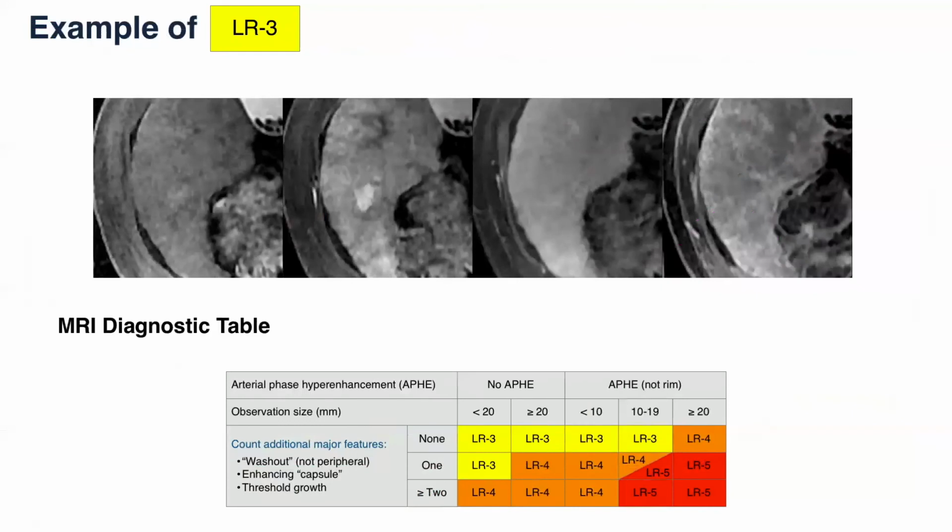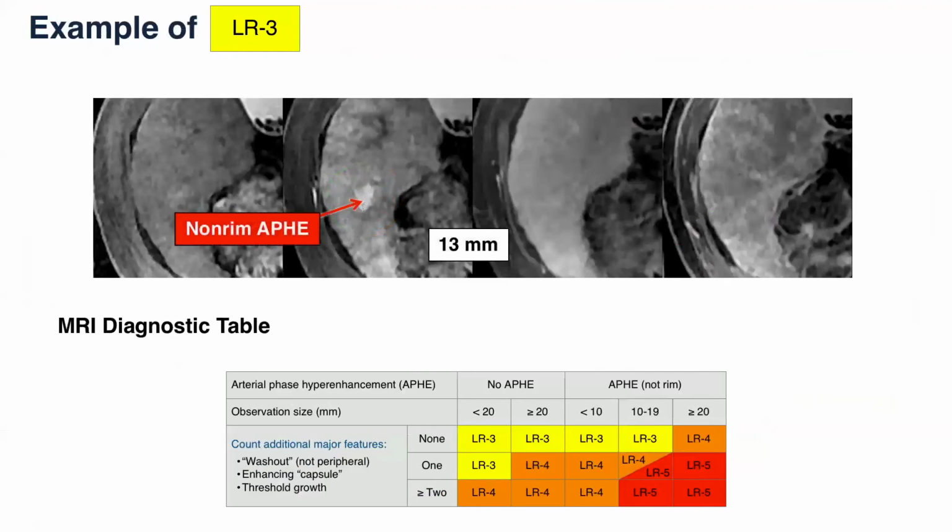How about this observation over here? Well, here we see it. Now, this observation, we do not see on the portal venous phase. We do not see it on the delayed phase. It fades, so we have no choice. We must measure it on the arterial phase. So we measure it on the arterial phase, and this lesion is 13 millimeters. So now we go to our table.